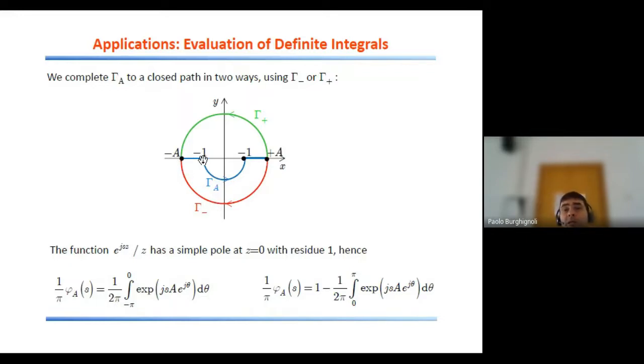The other possibility was to close upstairs, and in that case, what you get is a closed integration domain which winds around the pole once. So in that case, you may apply the residue theorem and evaluate the integral.